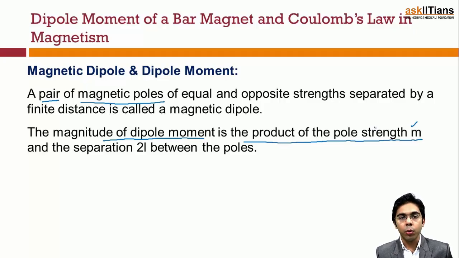We denote this pole strength by m. The separation between the two poles is what we call the magnetic length, and this length is 2L. So it is the product of these two.